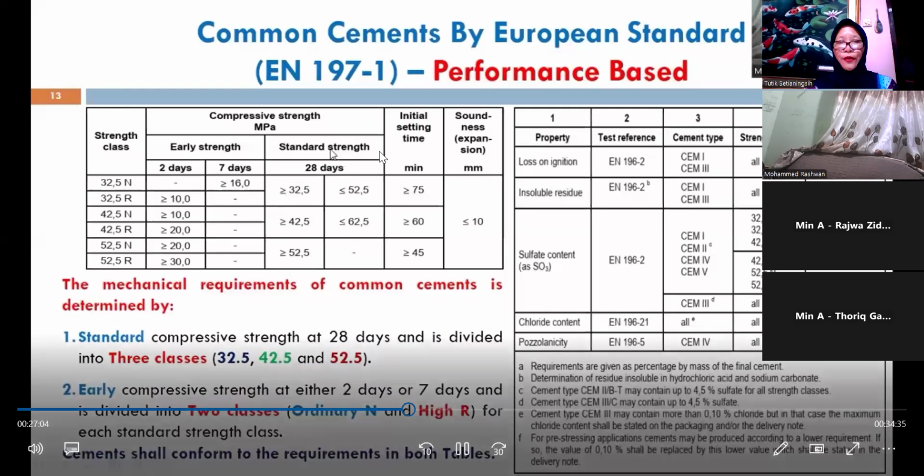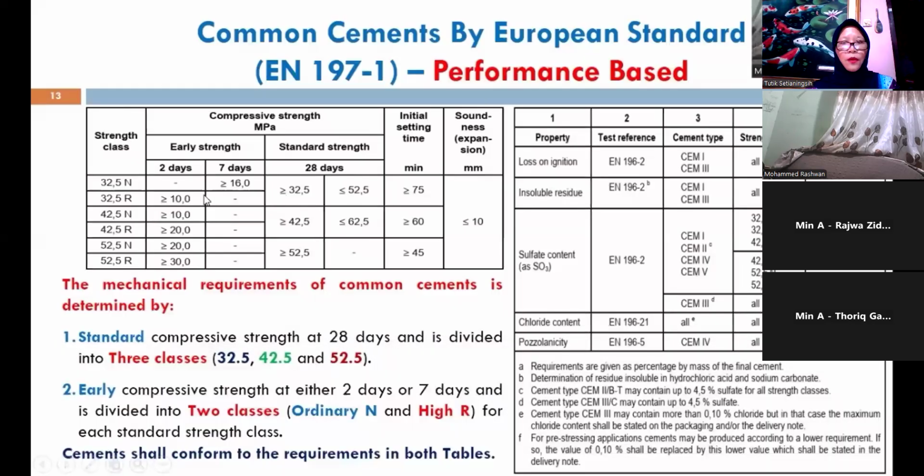The 28-day strength is the standard strength that classifies the cement. 32.5 means 32.5 megapascal, so the cement has a minimum of 32.5 megapascal at 28 days, and the other class is 42.5 megapascal as a minimum and maximum 62.5.